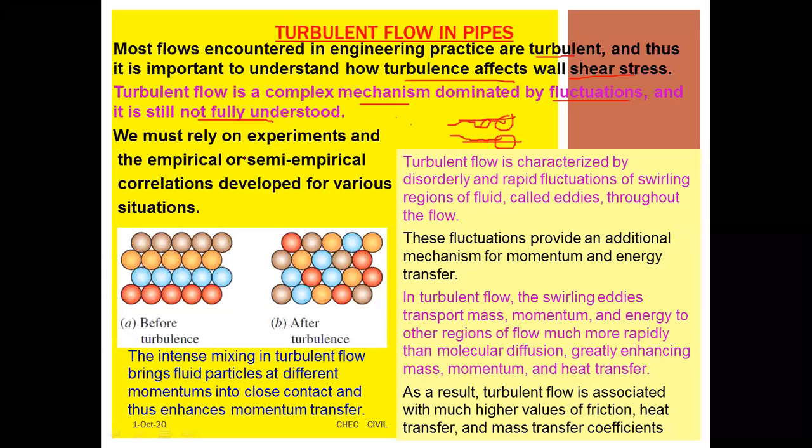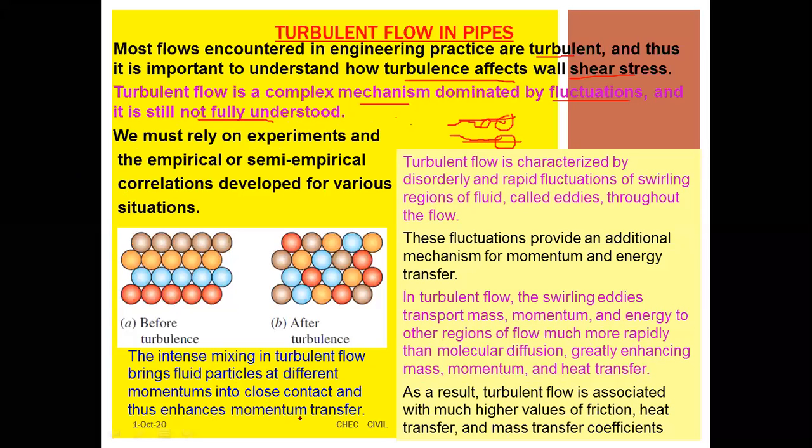Now, we must rely on experiments, and empirical correlations developed for various situations. For example, in this experiment, the intense mixing of the turbulent flow brings fluid particles at different momentums into close contact and thus enhances the momentum transfer.